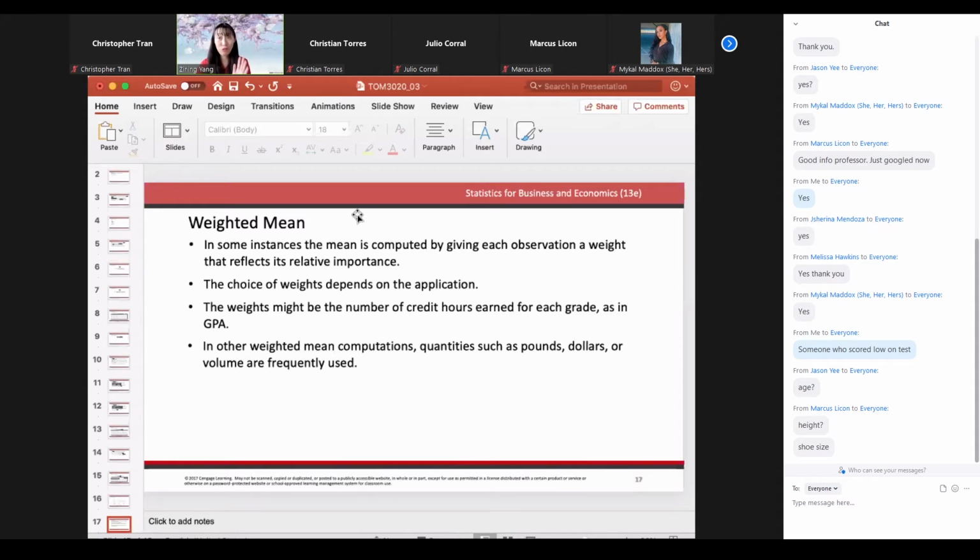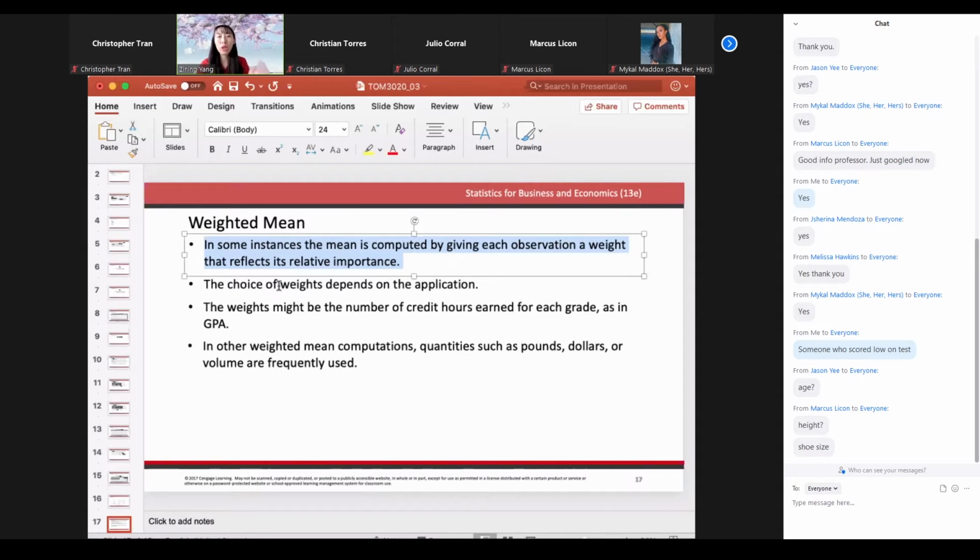This is also very, very important. A weighted mean. So in some situations, the mean, the average, is computed by giving each observation a weight that reflects its relative importance.